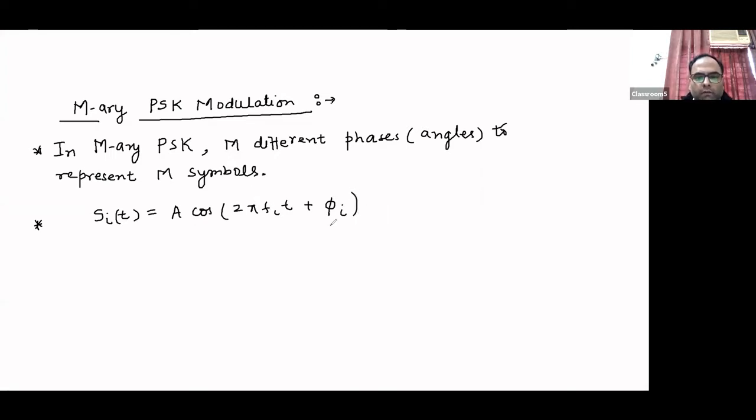So this time we have I number of angles or I number of phases with us to represent our information. We know that small t can be between 0 to T_s, and i belongs to 1, 2, 3, up to M, right?